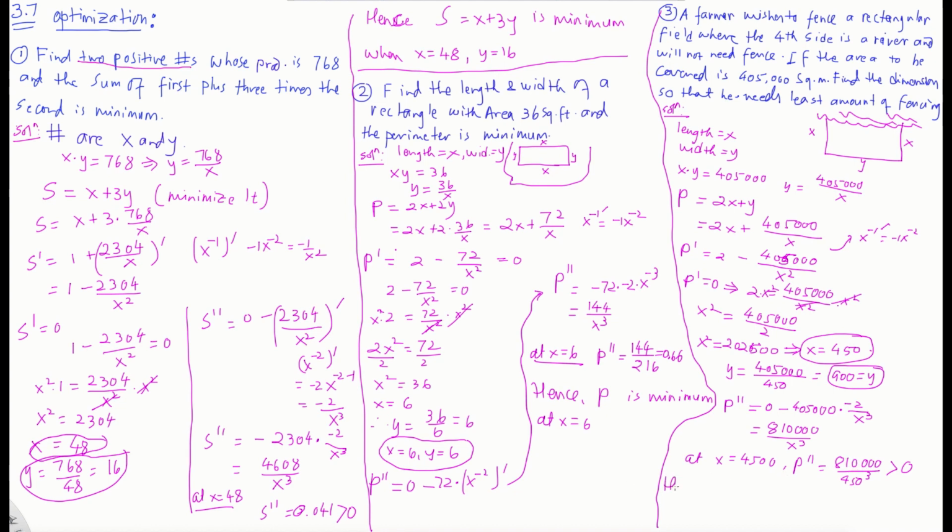Hence the perimeter P is minimum when x, the width, is 450, and y is 900. That's the end of this solution.